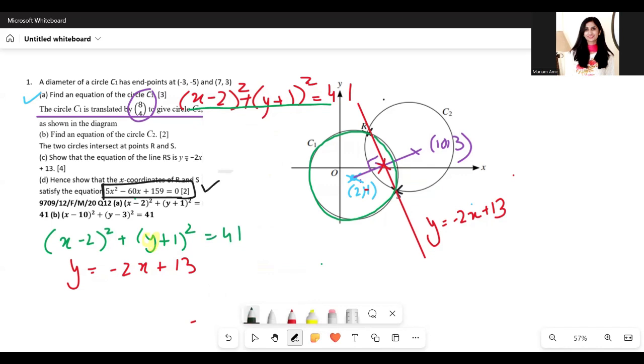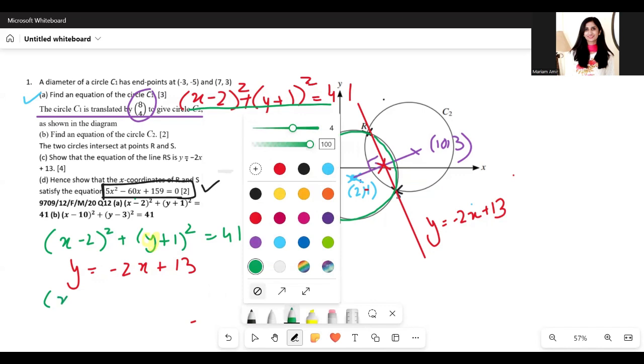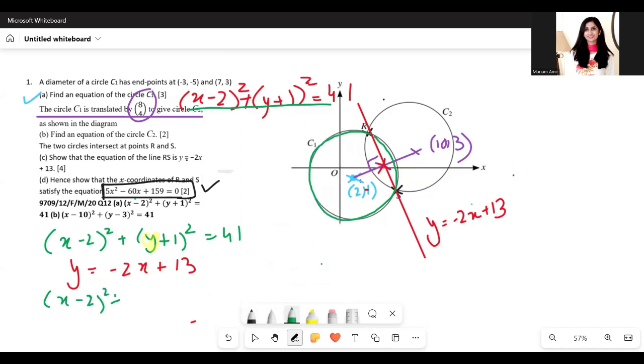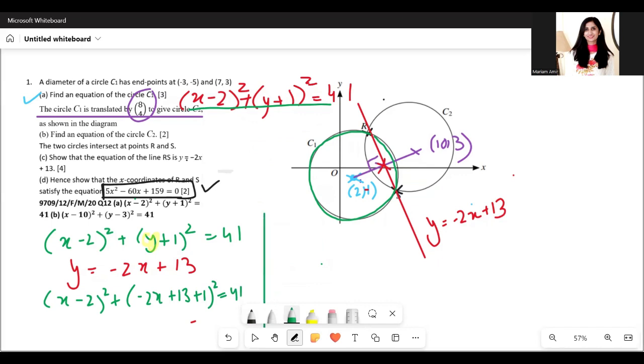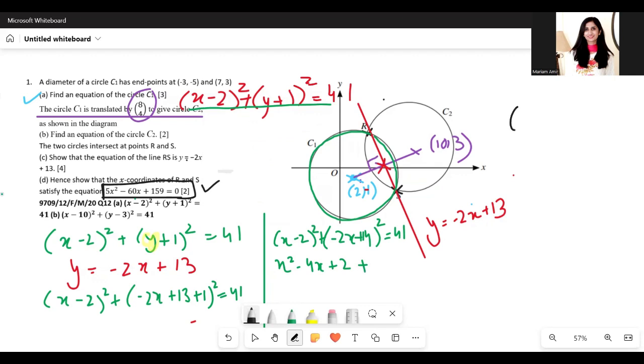Let's do that quickly. So we have (x minus 2) whole squared plus (-2x plus 13 plus 1) squared equals 41. So we have (x minus 2) squared plus (-2x plus 14) squared equals 41. Expand: x squared minus 4x plus 4 plus, now how do we expand (-2x plus 14)?